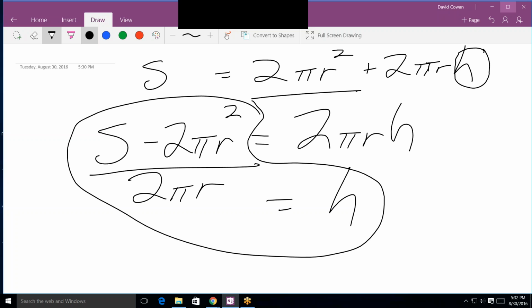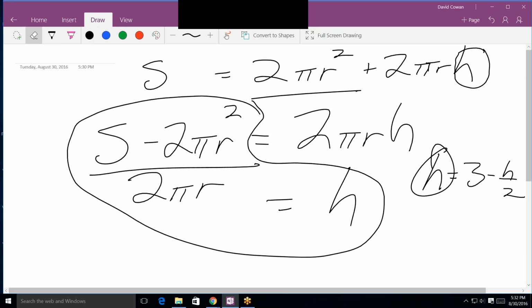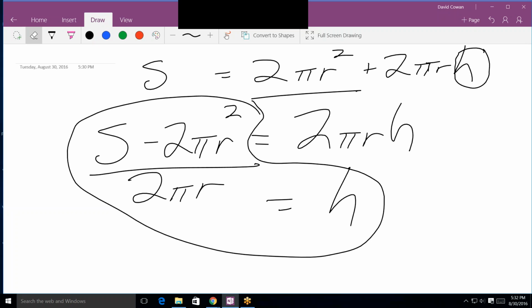You haven't solved for it. In other words, if I say h equals 3 minus h over 2, I have not solved for h, because I got an h on the right side of the equation also. So the only time it's correct to say that you've solved an equation for a variable is when that's the only place you find it, on that side of the equation. It's all by itself, and there's no h's anywhere else.